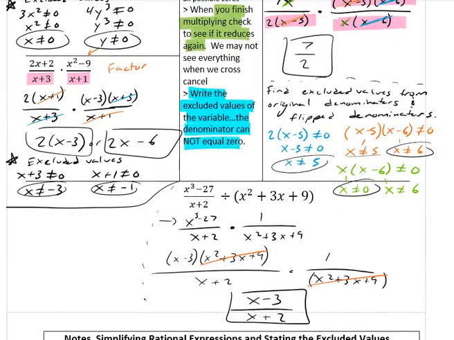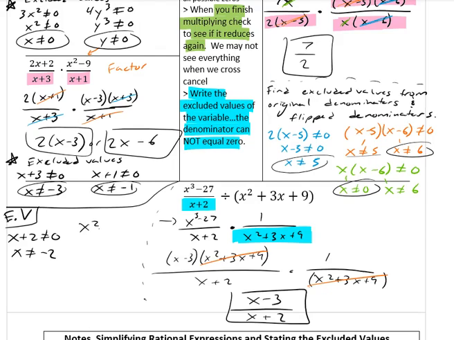And then we take a look at this last one down here. My excluded values would be this one here. And after I flipped, I need to check this one here. So my excluded values are x plus 2 cannot equal 0, so x cannot equal -2. But now I need to check this one.